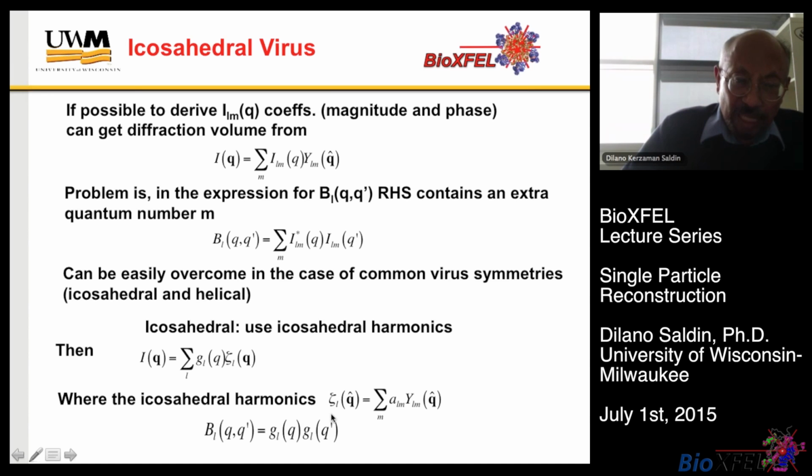Each of these icosahedral harmonics is a linear combination of the spherical harmonics, but a linear combination over the magnetic quantum number m. As a result, the icosahedral harmonics only depend on the quantum number L. This means it's the same quantum number that characterizes the B's, which are found from experiment. And the B_L's can be written as a product of these two.